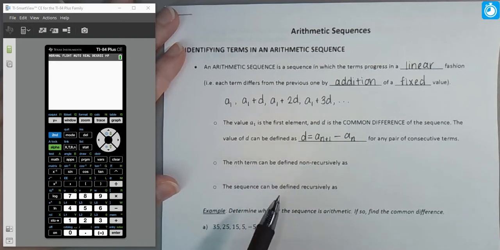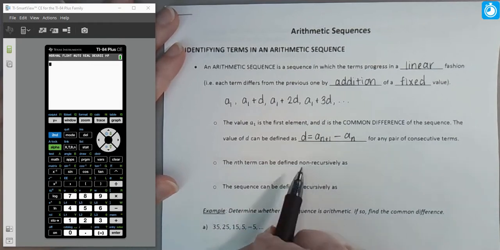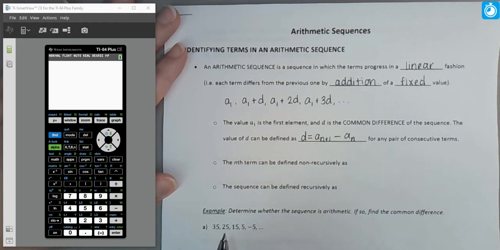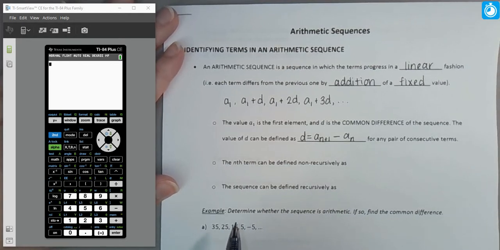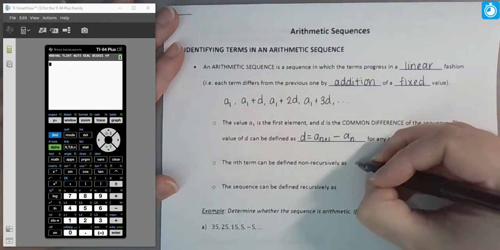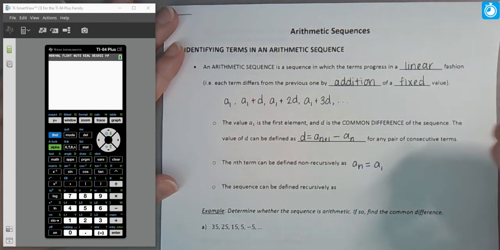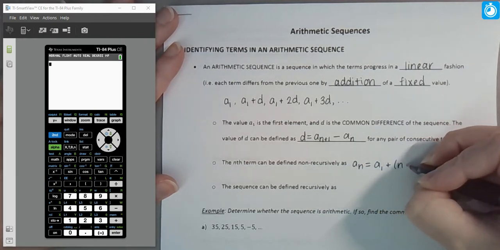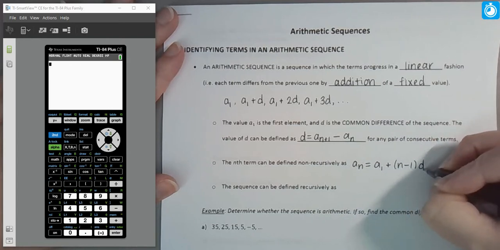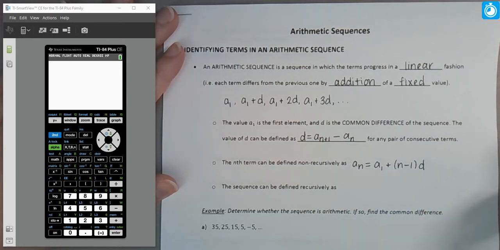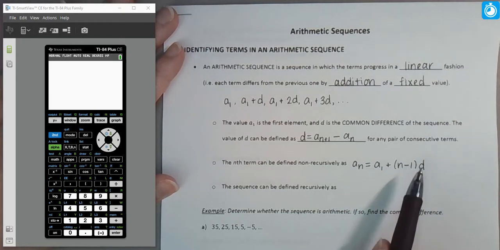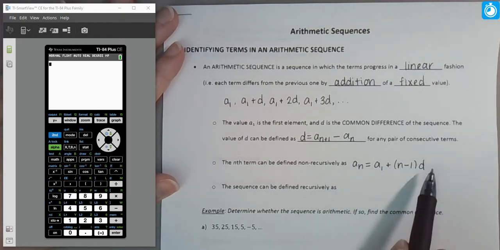So the nth term, the formula, in other words, for defining an arithmetic sequence, can actually be written in two ways. If we want a non-recursive formula, in other words, one where we can find any term individually in the sequence without needing the terms before it, then our nth term is defined as A sub n is equal to A sub 1, whatever that happens to be, plus n minus 1 times the common difference of D. Once we have the actual value for A sub 1 and the actual value for D, typically we can simplify this and write it in a little bit more concise way.